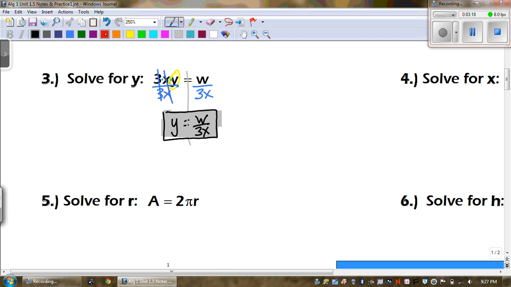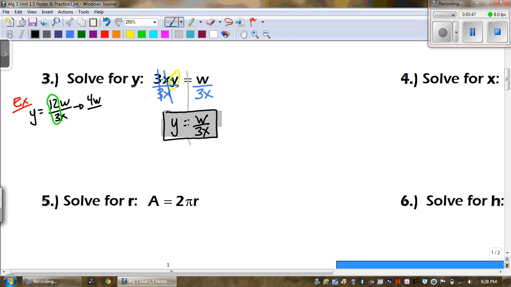Now, here's an example real quick. Let's say if we had y equaling 12w over 3x. We would actually have to reduce that because of the 12 and the 3. What's 12 divided by 3?